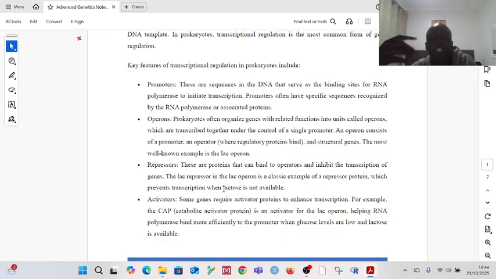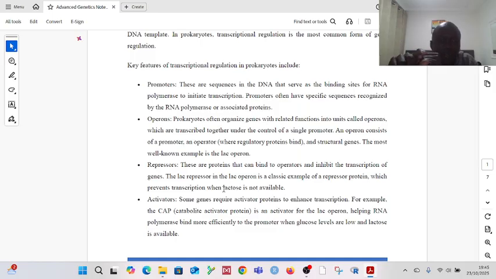So an operon will be made up of the promoter, which is controlling all those genes. There will be an operator. An operator is a section where some regulatory proteins will be binding.